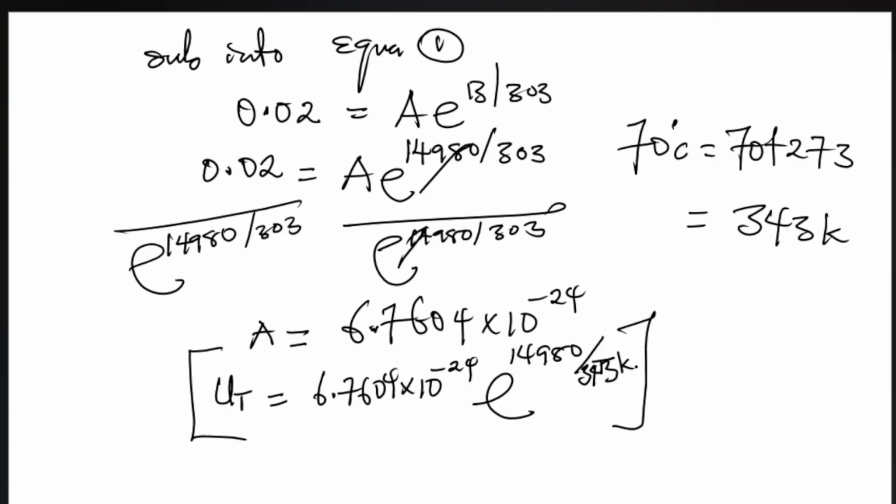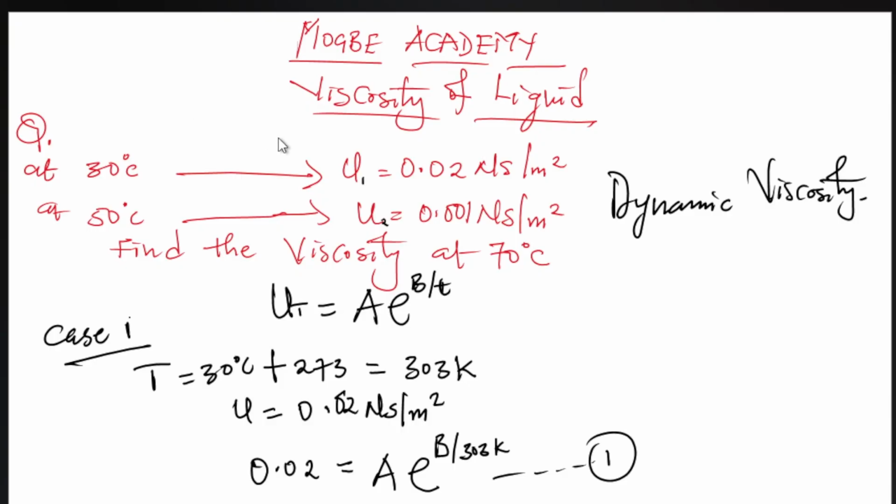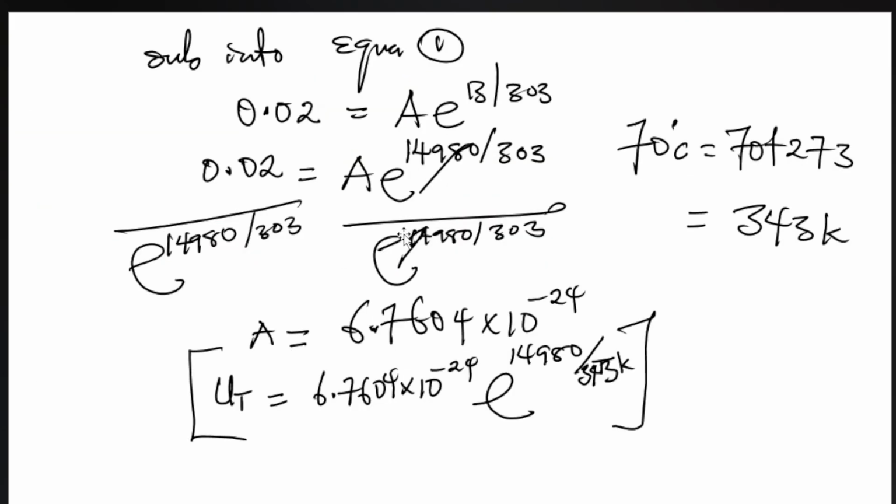But remember, what were you asked? You were asked to find the viscosity at 70 degrees Celsius. That was what we were asked. Now at 70 degrees Celsius, what do you think we are going to do to find your viscosity? Now we've already imputed 70 degrees Celsius here, and we said 70 degrees Celsius is 343 Kelvin.